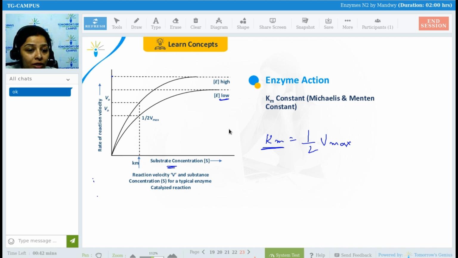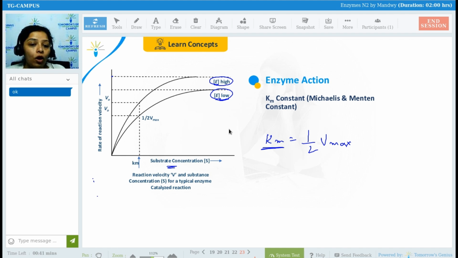As you can see, this E high means high enzymatic activity, and this E low means low enzymatic activity. Are you getting me? Yes, ma'am. Affinity means the ability to bind with the substrate. Clear? Yes, ma'am.